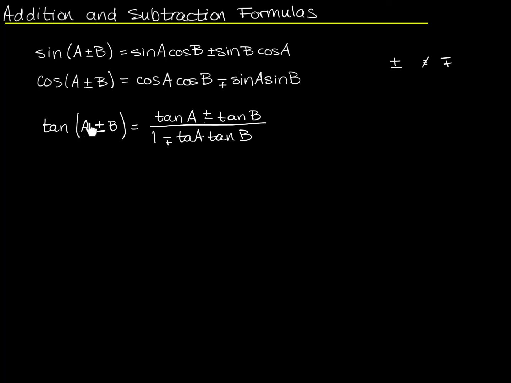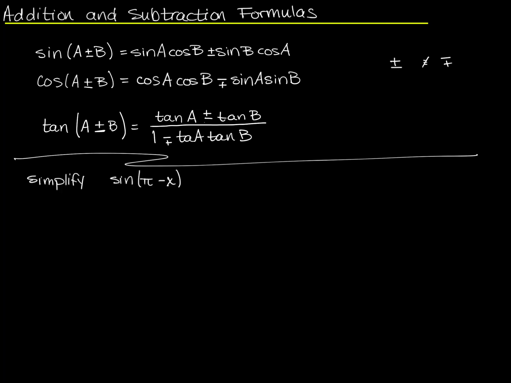Again, if I'm following along the top, then I'm looking for the tangent of a sum. If I use the plus sign from here, I must use the plus sign from here, but the minus sign from the denominator. Okay, I think it's time we took a look at a couple of examples.